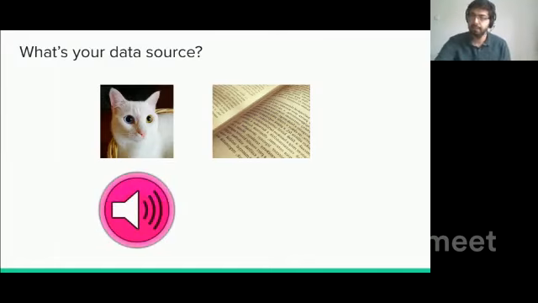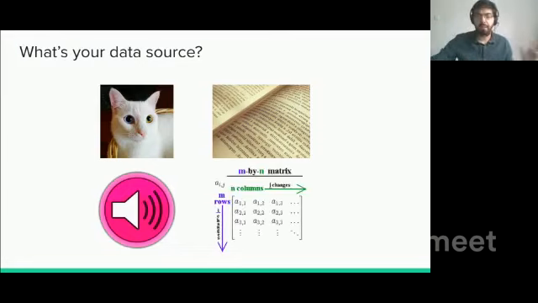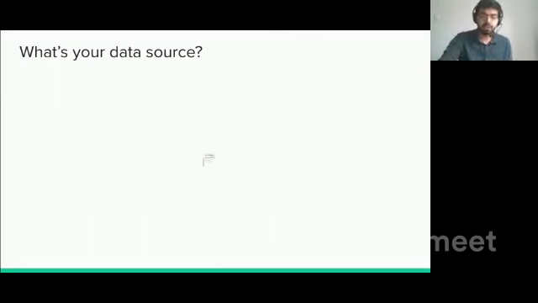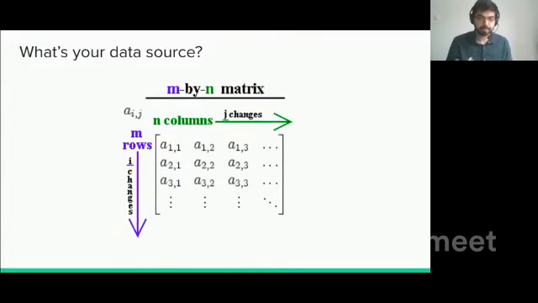It may be somebody's speech, somebody's song, somebody playing an instrument or anything else, or it may be in the form of a matrix. There are m number of rows and n number of columns. So basically, 4 different kinds of data sources here: image, text, audio, and tabular. And we are going to focus on tabular for today.